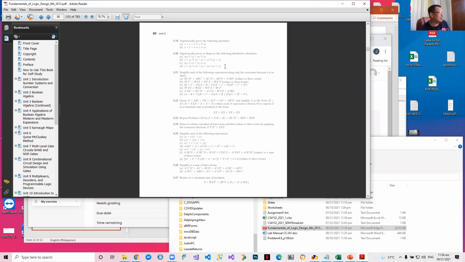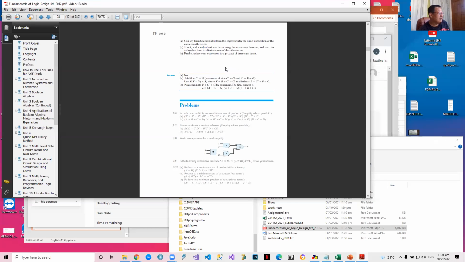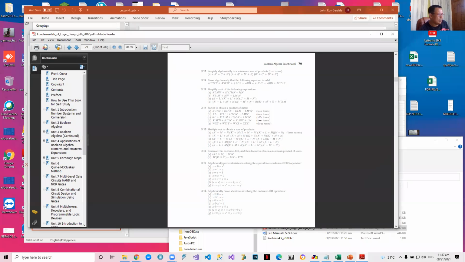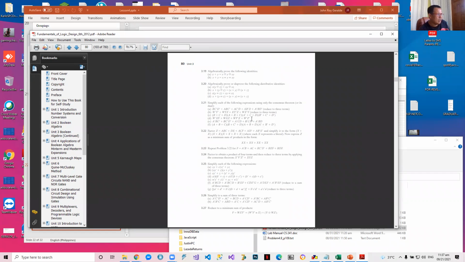I'm sorry, mali. 79 and 80. Bakit mali, no? Let me look at that. 3-14 and 3-21. Mali yung 21. You can still do 21 using K-mapping, okay?